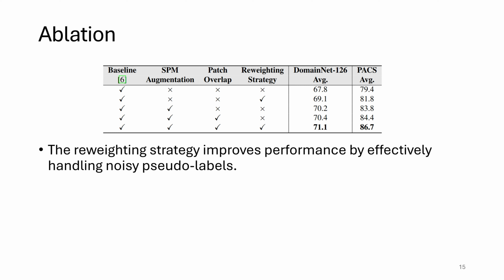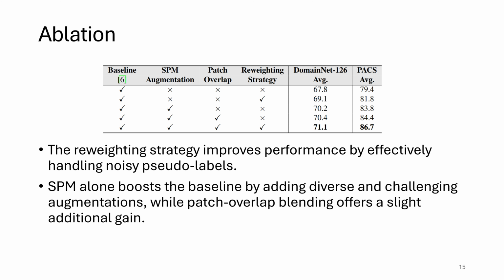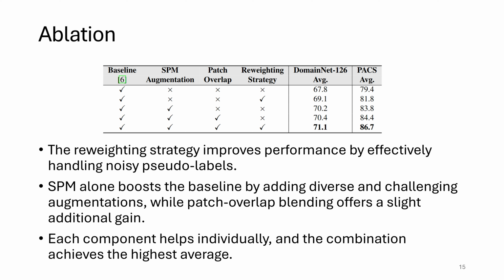The reweighting strategy improves the performance by effectively handling the pseudo-label noise, and SPM alone can boost the baseline performance by adding diverse and challenging augmentations, while the patch overlap blending offers slight additional gains. Each component helps individually, and the combination achieves the highest averages.